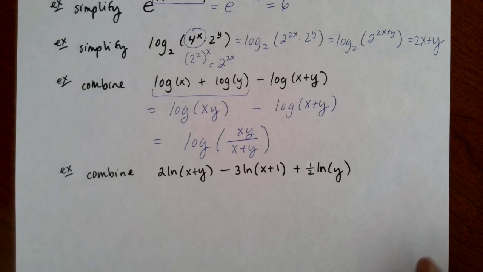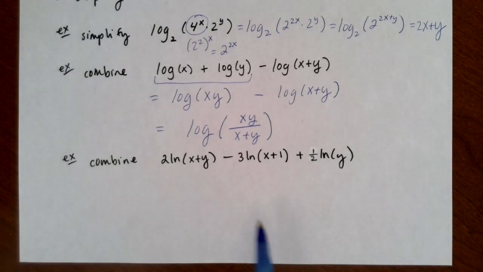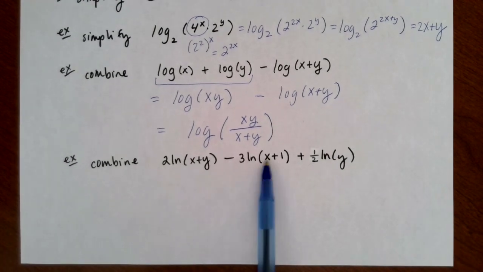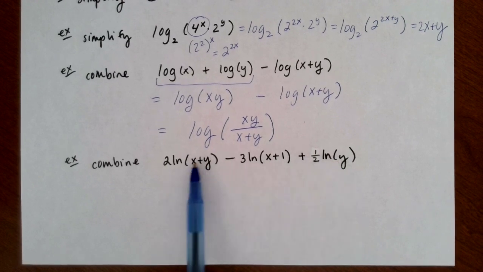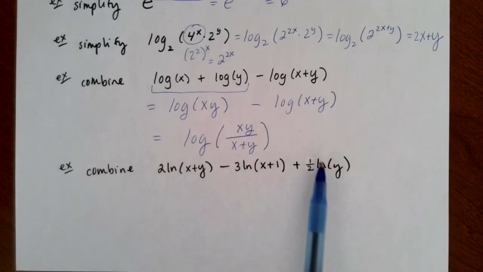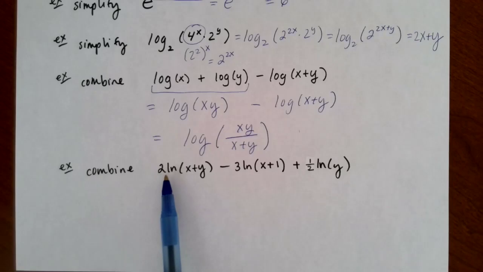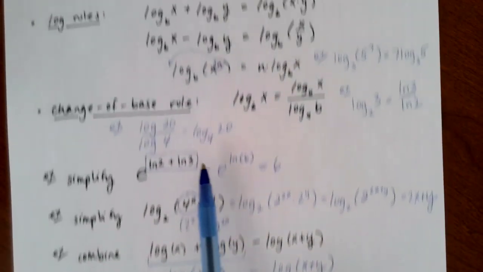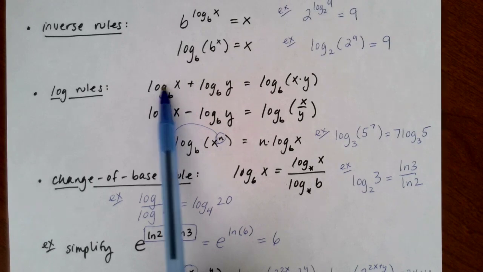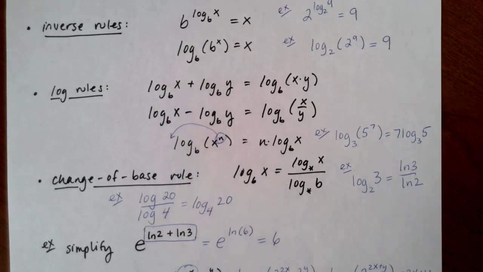All right, this next one has even more going on because we don't just have ln minus ln plus ln. We have these numbers 2, 3, and a half out front. And these log rules only work if it's plain log plus or minus plain log.